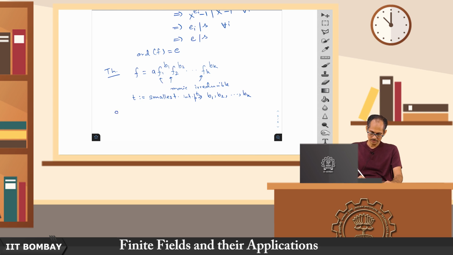Then the order of f is p^t times the LCM of the order of f1, order of f2, up to order of fk.